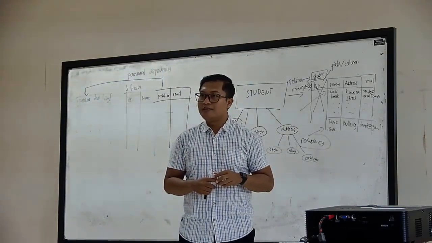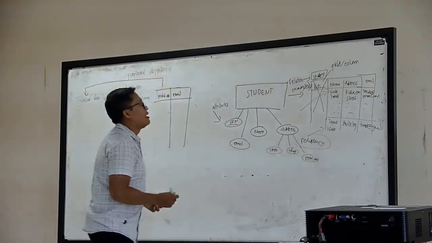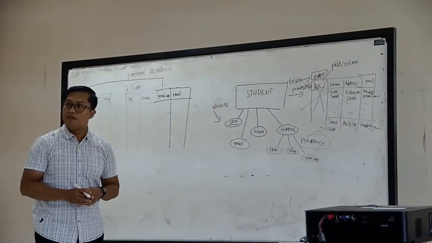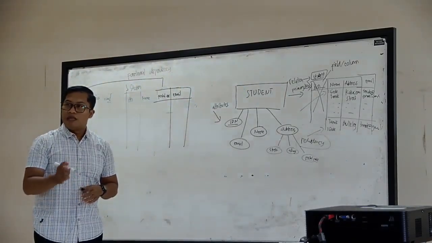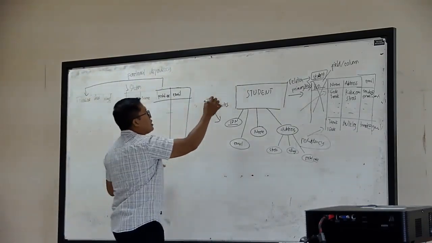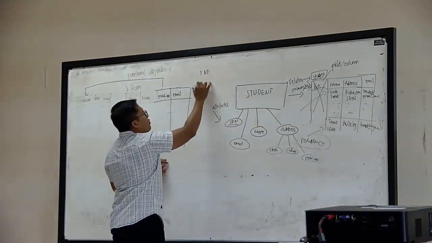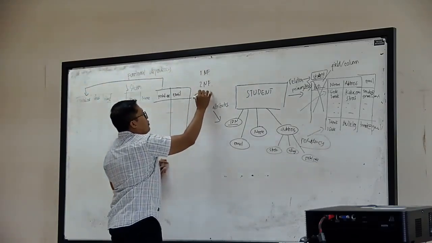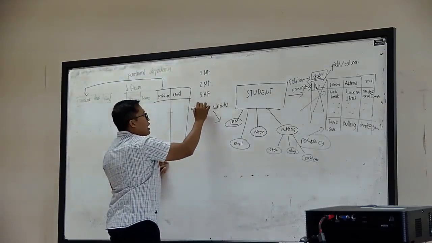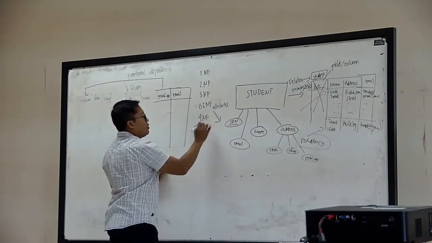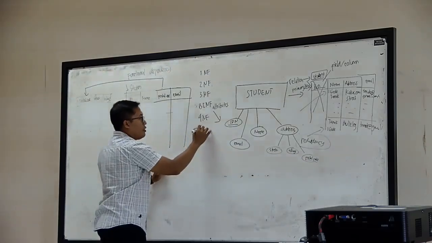Because in the middle we have Boyce-Codd normal form, which comes after third normal form. So the stages are 1NF, 2NF, 3NF, BCNF, 4NF, and the last is 5NF.